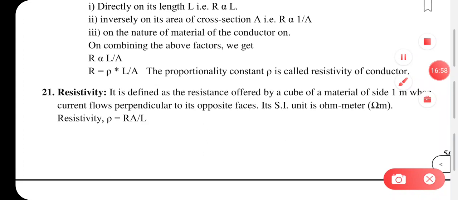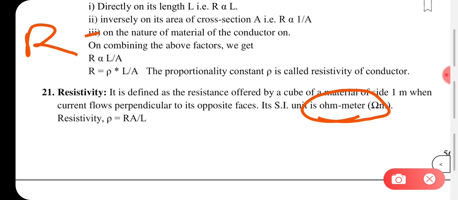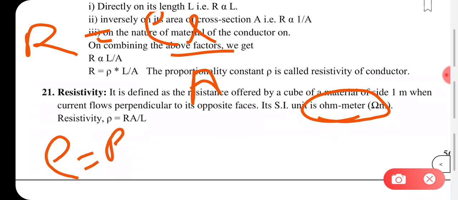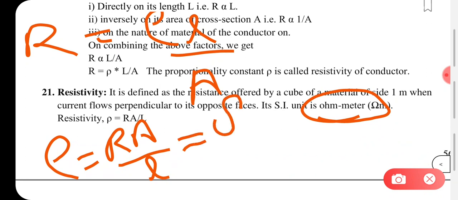So resistivity, how this ohm meter has come: you know already that R is equal to rho L upon A. This is what I want you all to remember. So if you have to find rho, rho will be equal to RA upon L. L will come into the denominator, A will go to the numerator. You know the SI unit for resistance is ohm.